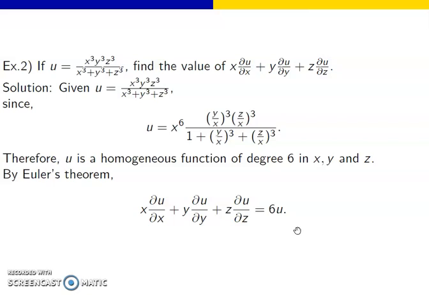So just to find the value of n, once we know it, easily we can find the answer. How can we find the value of n? Just put x equal to xt, y equal to yt, z equal to zt and get the power of t. Or you can take some value of x common from the numerator and denominator and rewrite the same function in another form. We will get n.